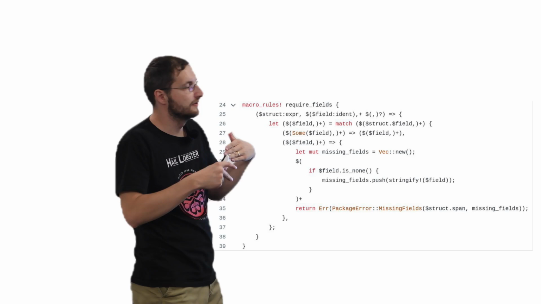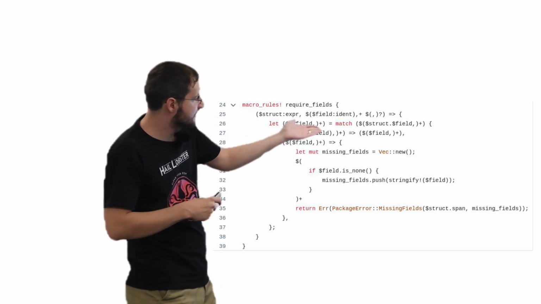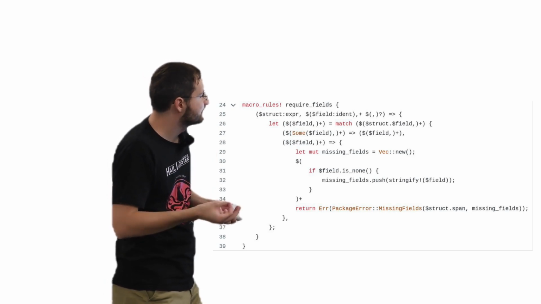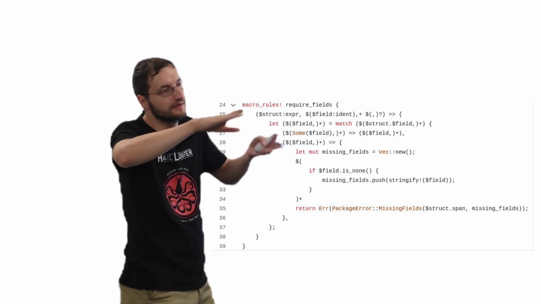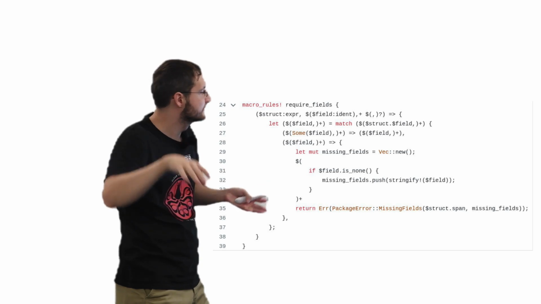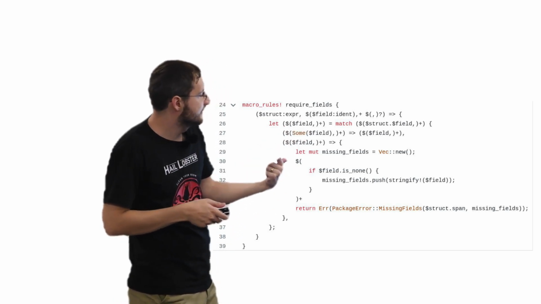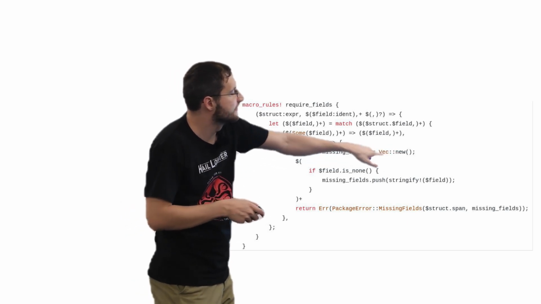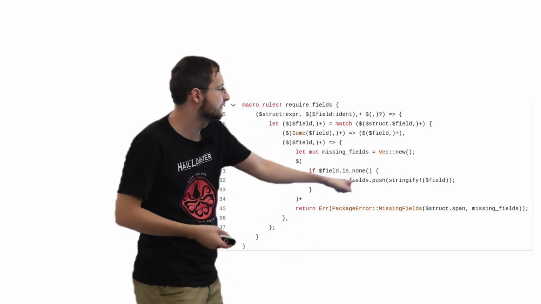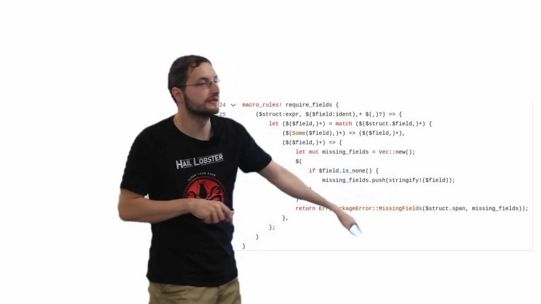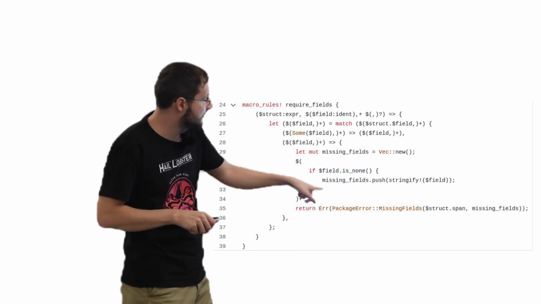So what this macro does is actually set the variables, as if you wrote let whatever equals whatever, and so on. And if there are some missing fields, it will just populate the vec with all the missing fields and return one error that contains all of them, and it returns.